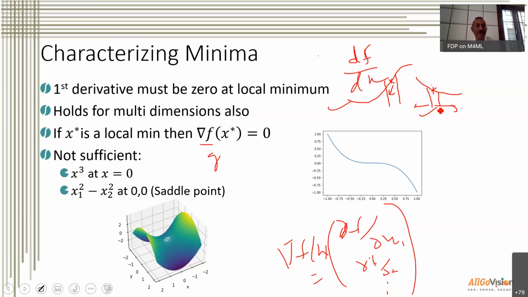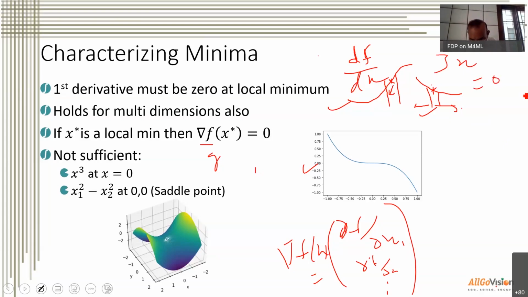How do we see? I have just plotted a graph of x cube here, and let's look at the derivative of x cube at x equal to 0. That's 3x square, and evaluated at x equal to 0, that is 0.